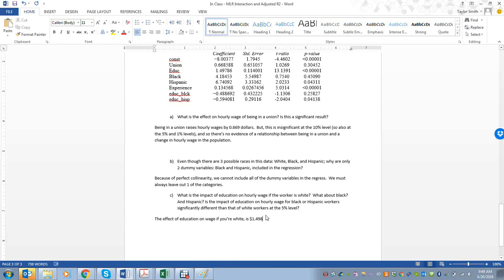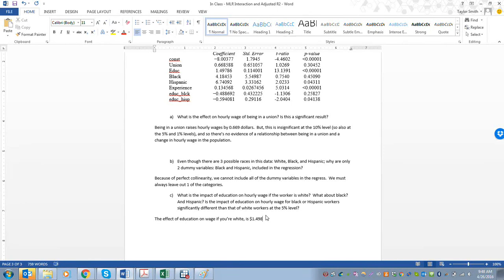That means if you're white and you get another year of education, it raises your pay by $1.50 an hour. Okay, so that's a really big effect. The return to education for someone who is white is about $1.50 per year of education.